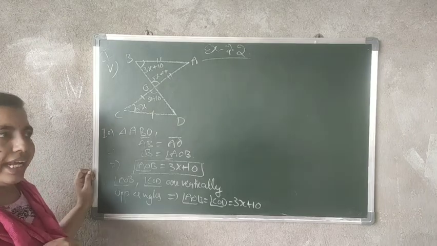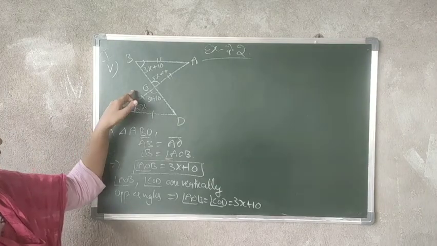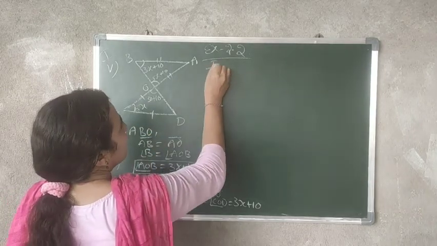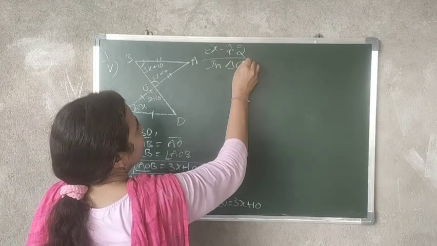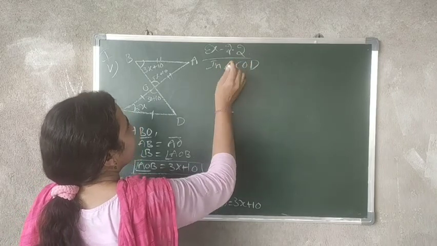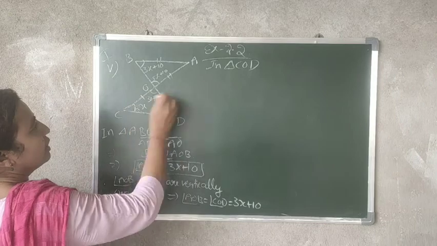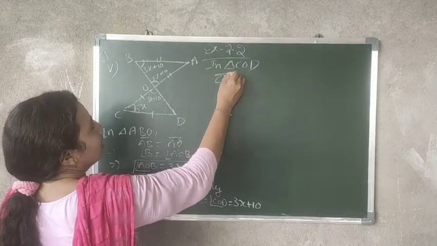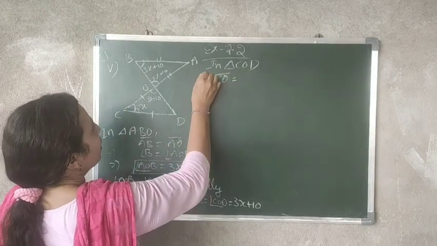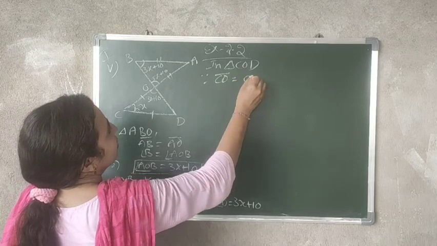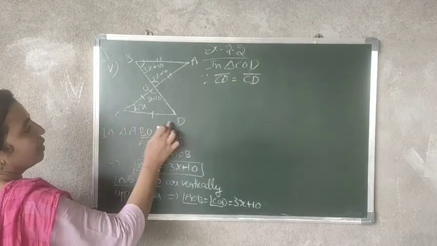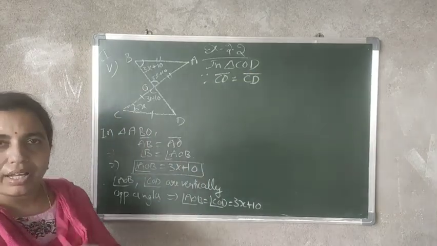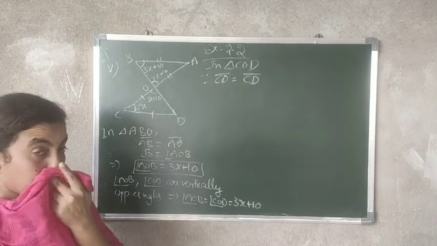Okay. Again, if you observe triangle COD, see what is given? CO is equal to CD. Again, two sides are equal. What did I say?